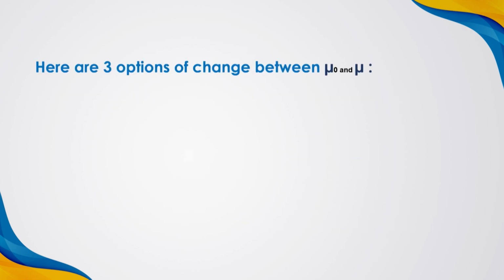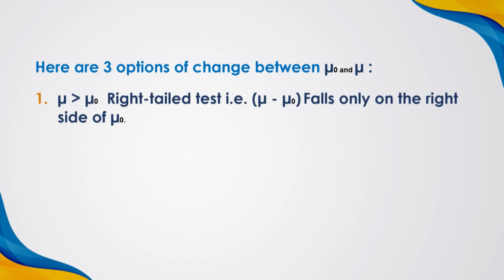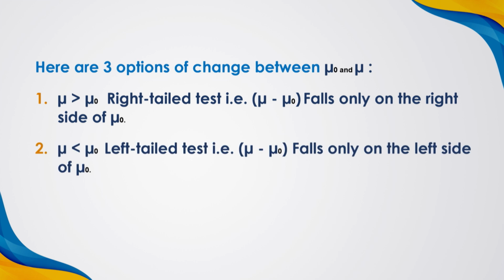Here are three options of change. How does this hypothesis come? Three options are there. If mu greater than mu naught, right tail test, that is the difference falls only on the right hand side of mu. The second case, mu is less than mu naught, that is called left tail test. What does it mean? It means that mu minus mu naught falls only on the left side of mu.